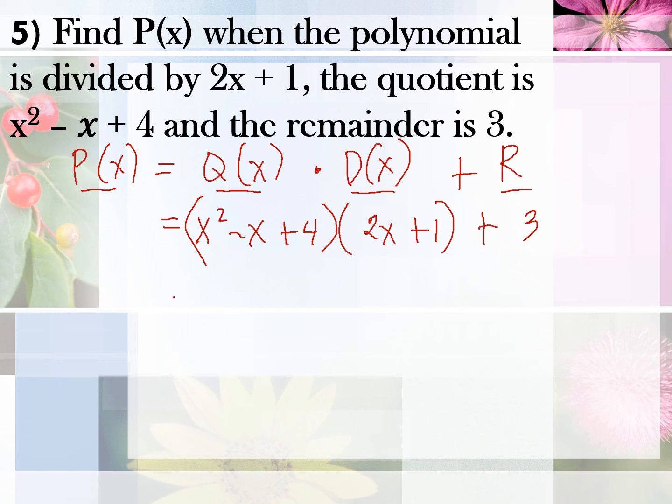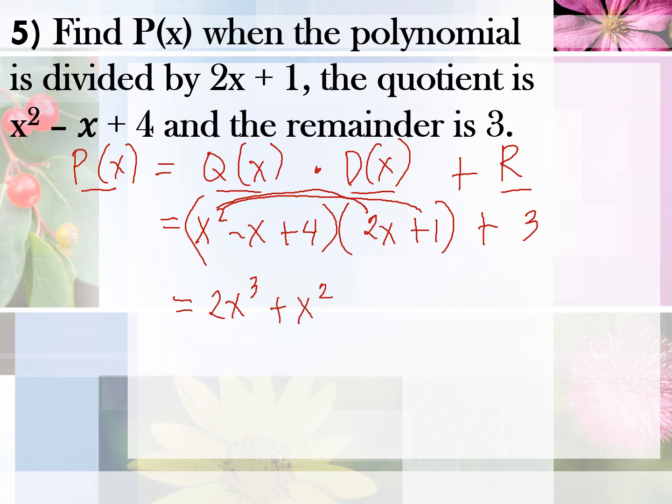Then, simplify. So, imumultiply natin to yung trinomial tsaka binomial using distributive property. Start tayo dito. X squared times 2x. That is 2x cubed. X squared times 1. That is equal to x squared.